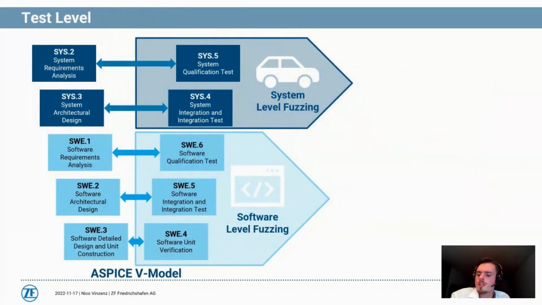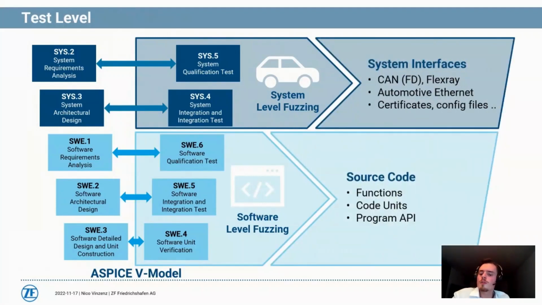Test level, we just saw it earlier. We have different test levels on software and system level fuzzing, and with different test levels, of course, we have different kinds of tests we do. So on the software level, of course, we only have source code available.